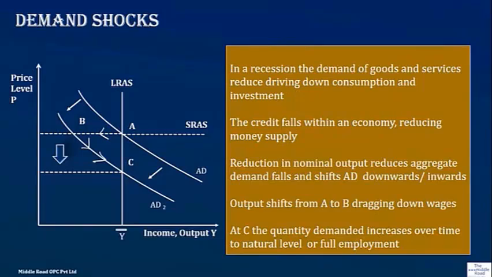The output remains constant. This is a brief transition from A to B and from B to C. This transition, where the output falls and then comes to the natural equilibrium, is the recessionary phase.